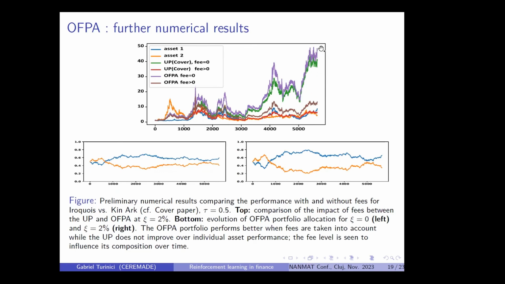This is the efficiency if you don't take into account transaction costs, and our algorithm is more or less close to Cover. If you take into account transaction costs, the Cover algorithm does not compare favorably with the assets. It's just more or less the average of them, while in our case, we still keep some gains. So there is an advantage to using it, even if transaction costs are large.